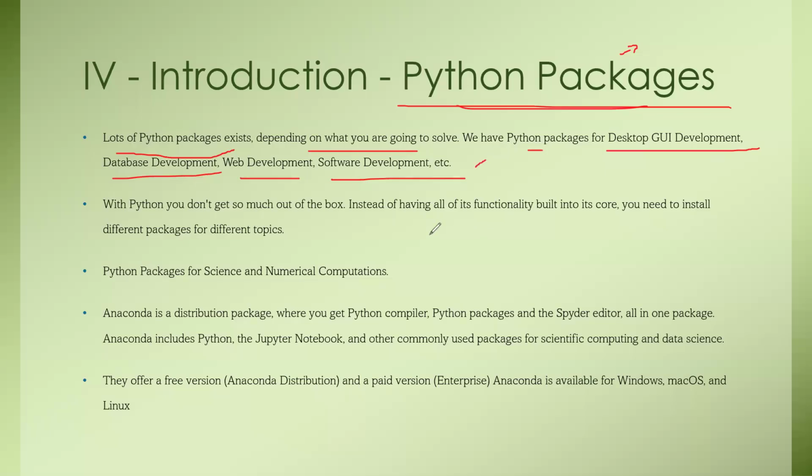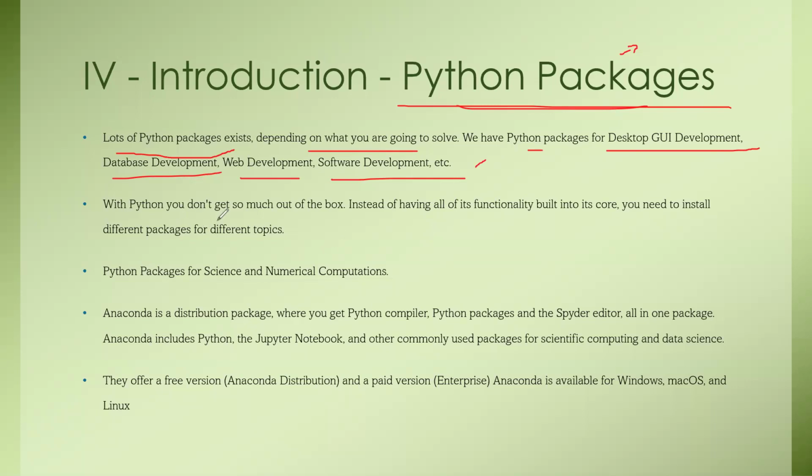For example, if you want to work on a web application framework, you can import that web application framework library and execute your program. If you want to work on AWS, you can download the AWS related package and execute your program. Like that, we have a lot of capabilities while working with Python.